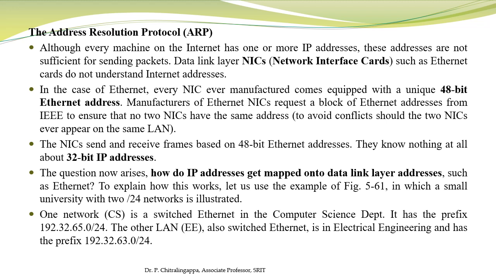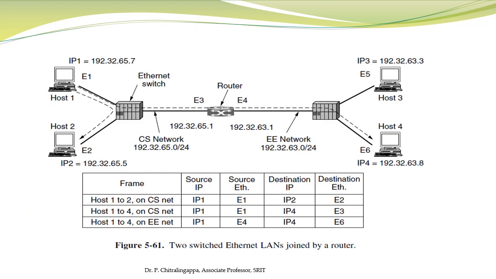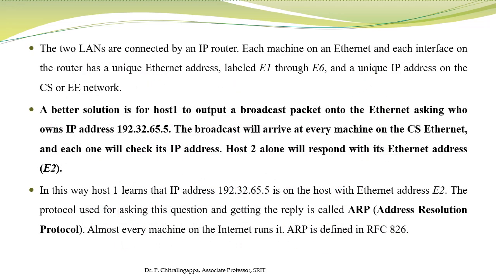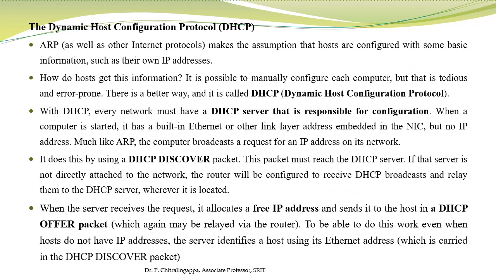They know nothing about 32-bit IP addresses. So how do IP addresses get mapped onto the data link layer? That is done by the address resolution protocol. We can map an IP address to a MAC address and back by using the ARP protocols.